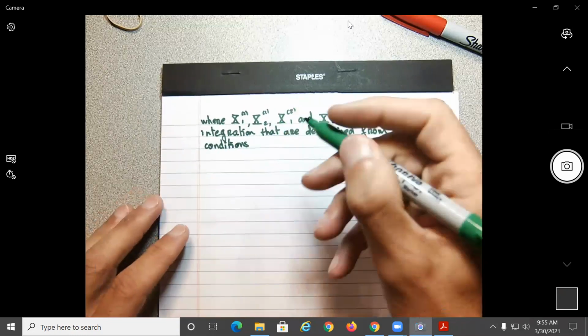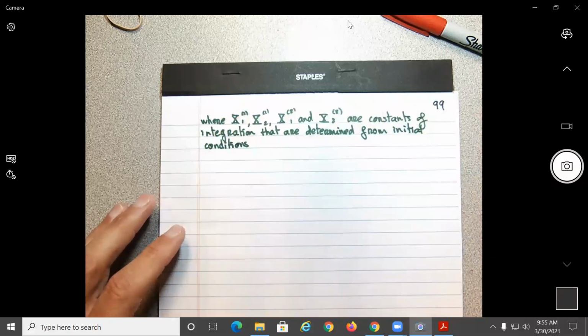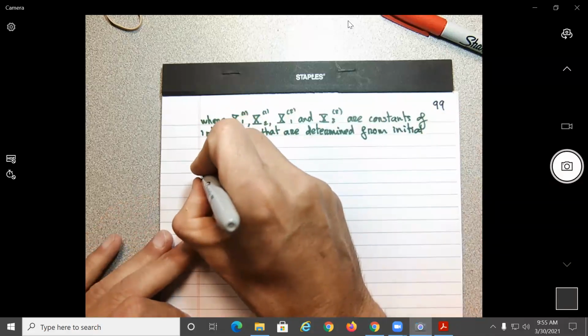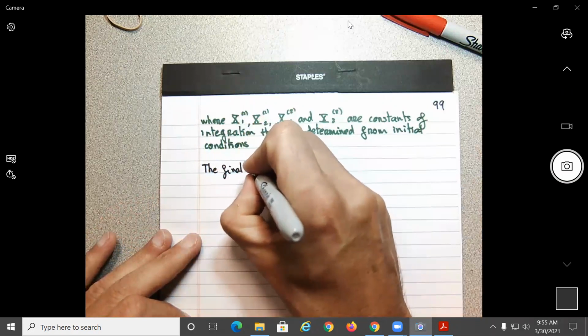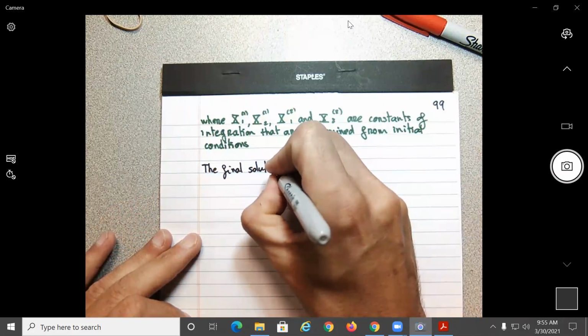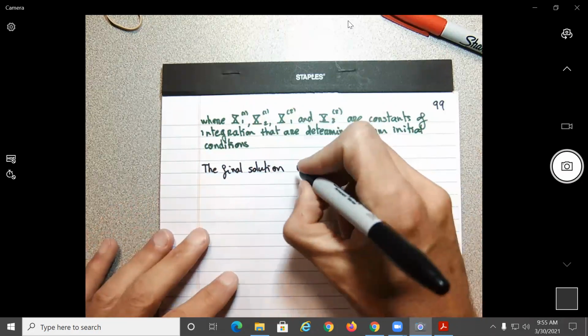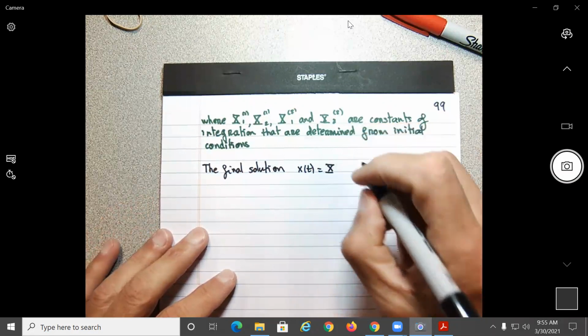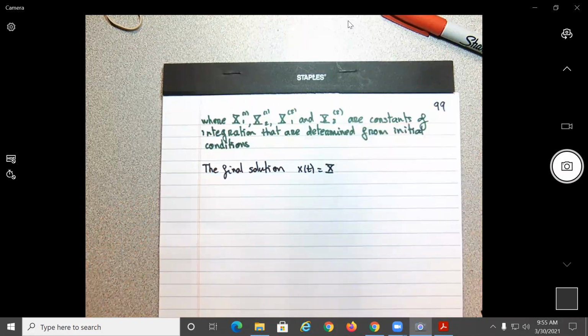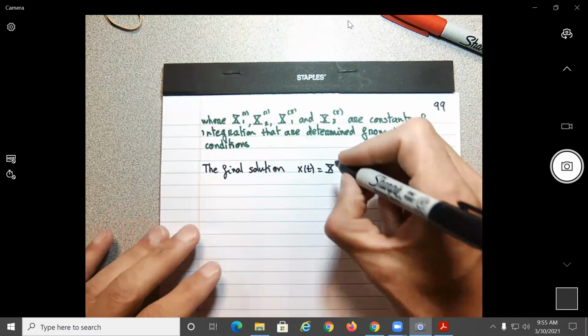Okay, and let's say the final solution, so what do we have? We had x of t, the assumed solution was what? Was this over here.